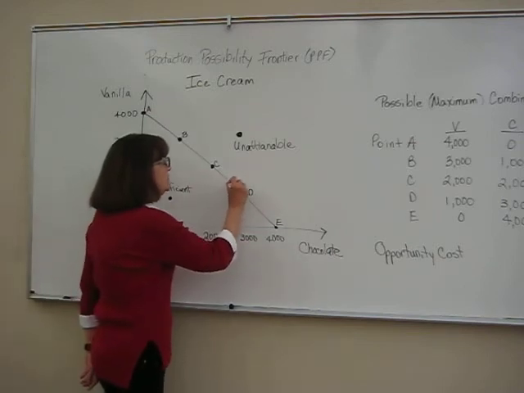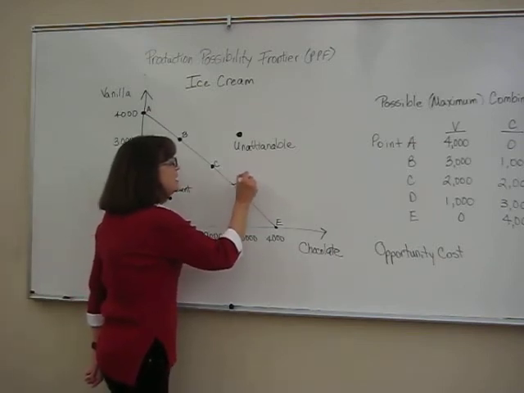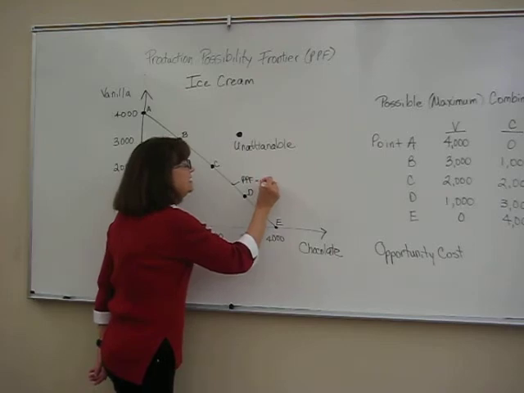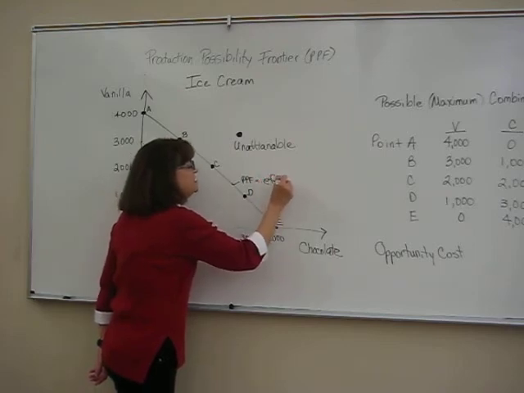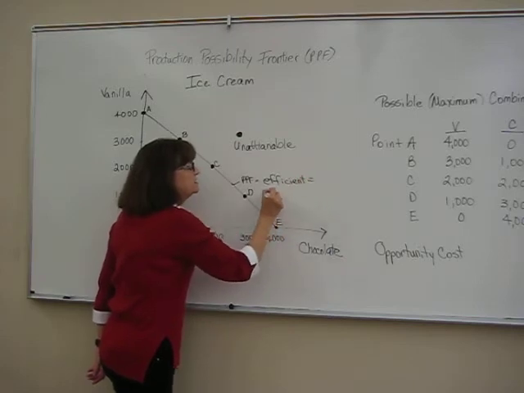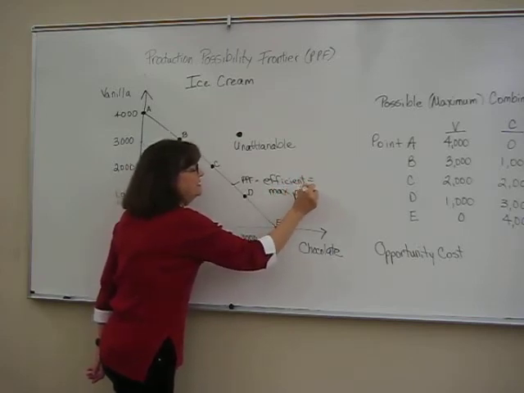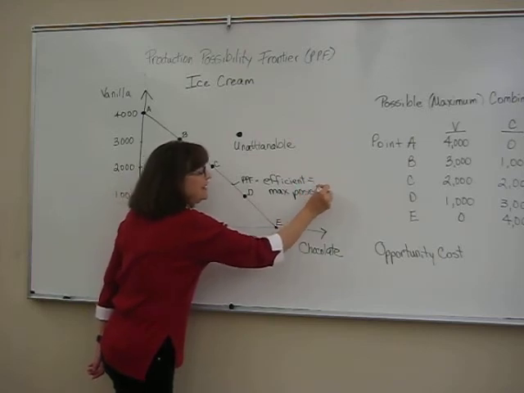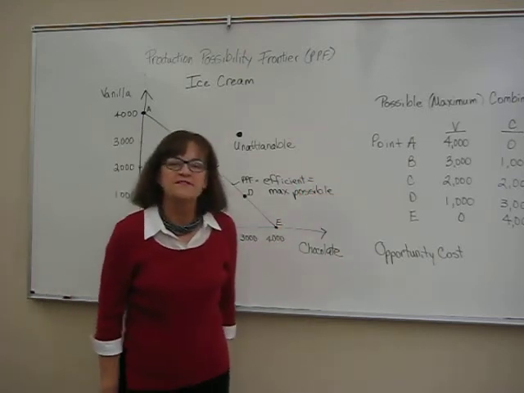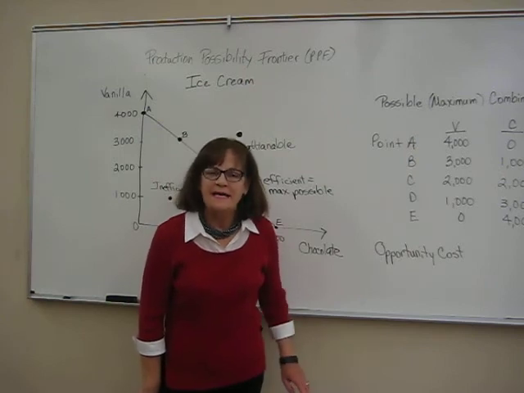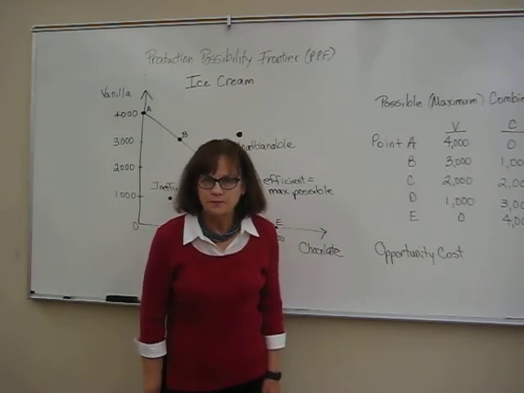So along the PPF, the company is being efficient. That is the efficient level of production because it equals the maximum possible. And in economics, producing the maximum possible amount with a given set of resources is efficient.